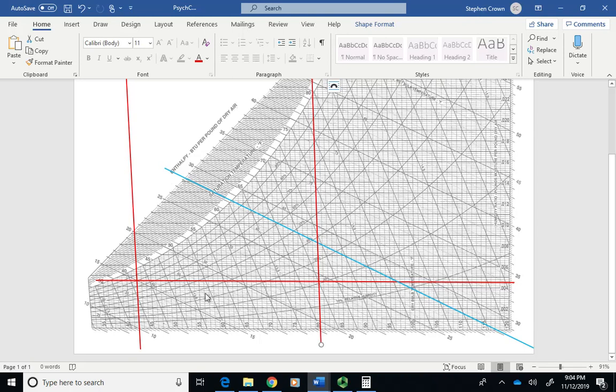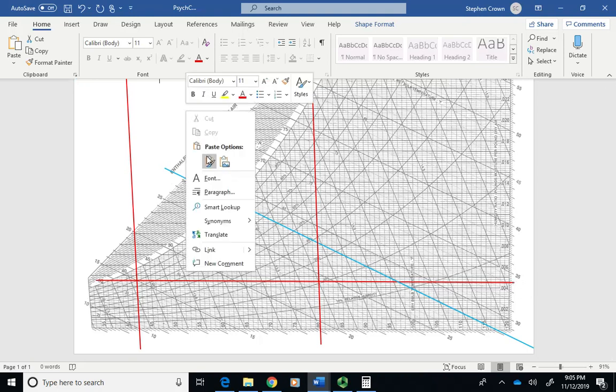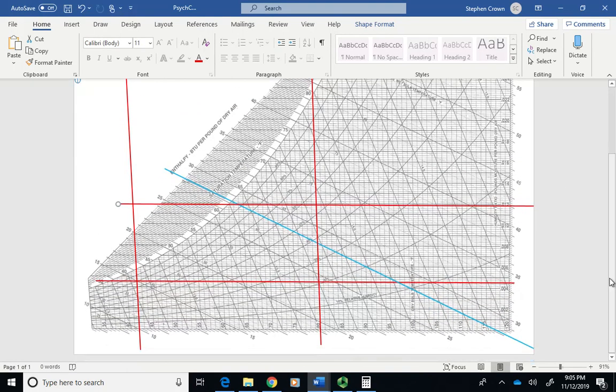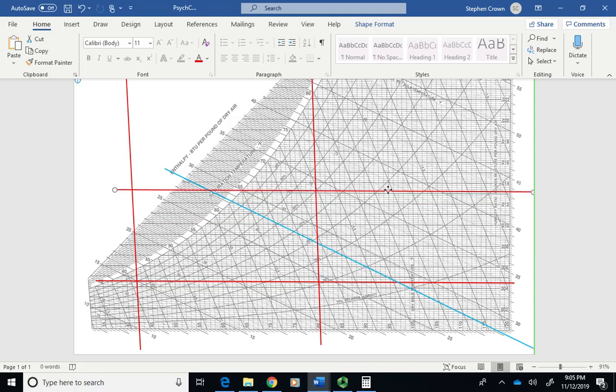And then I need another line, so let me copy this and paste that. And what I did is I put this image in the header so that it doesn't keep getting selected when I'm sliding these around. And I forget the percentage, but maybe it was 60%. Actually, I think it was a wet bulb that was specified.